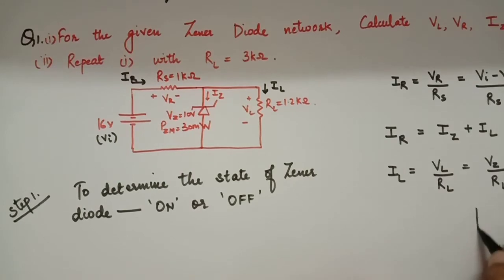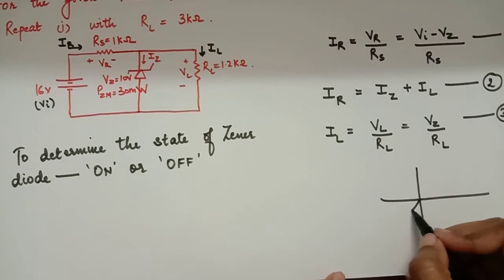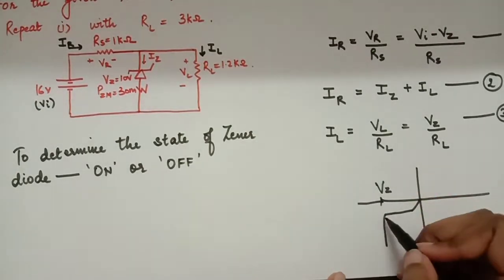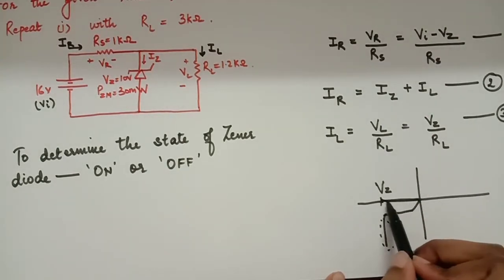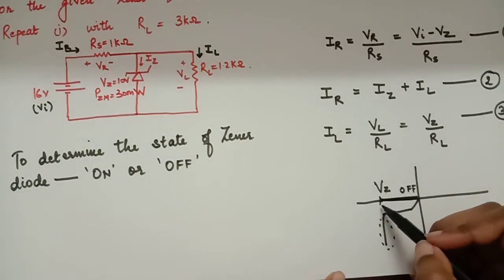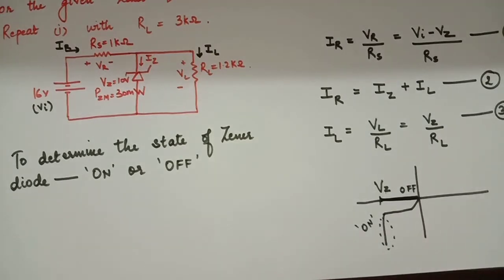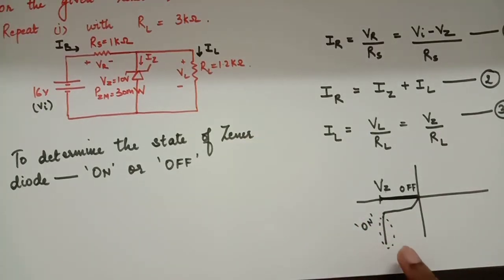I'll draw the characteristic again to recall it for you. We have already talked earlier that the Zener diode is going to consume this part, and in this particular part, until this Vz is reached, the diode was off. So in this portion, the diode is off. When it reaches Vz, then the diode is on. We should first determine whether the Zener diode has reached this breakdown region or not.